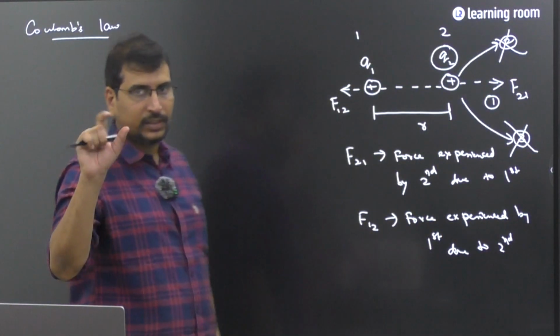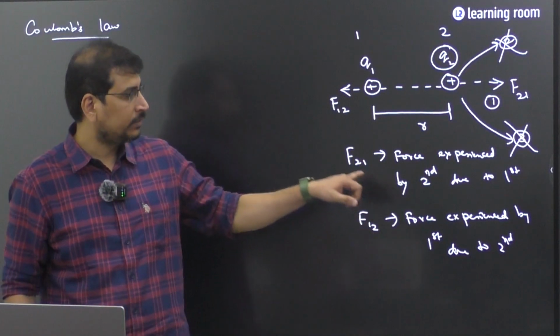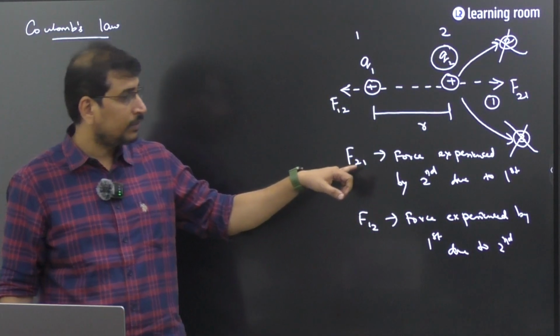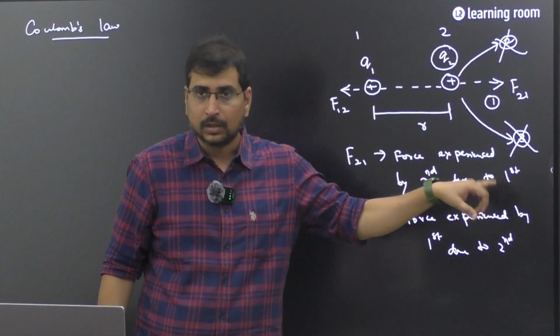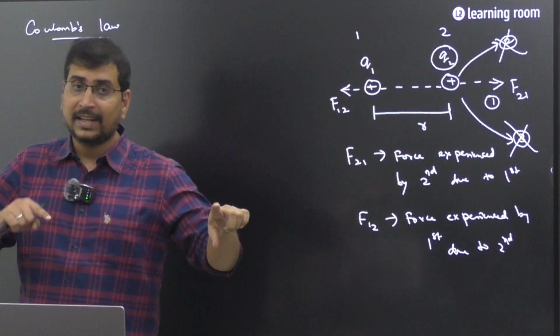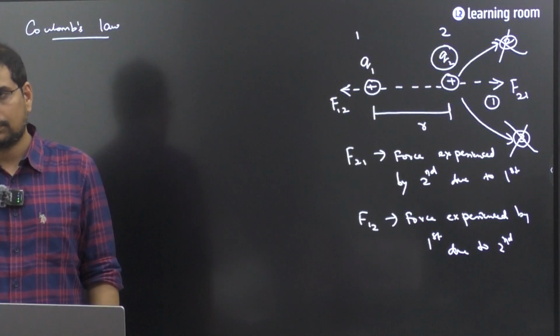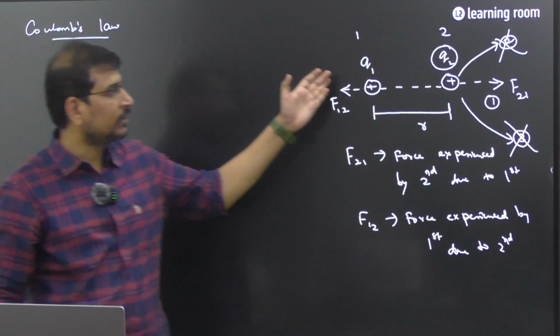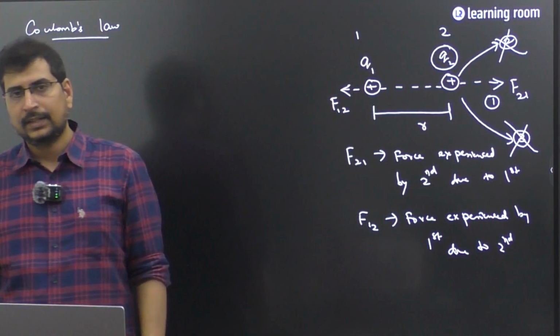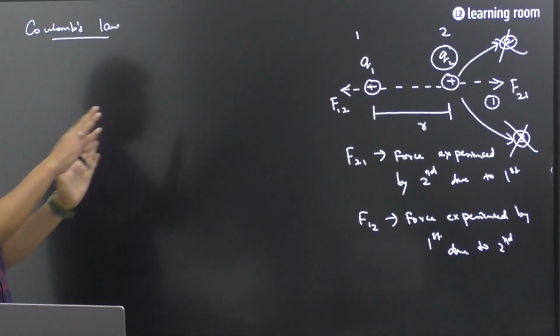There is one way of understanding where they might confuse you. They can say force experienced by second due to 1, or force exerted by 1 on 2. Both mean the same. The first particle is exerting force on the second. I hope it is clear till this step.